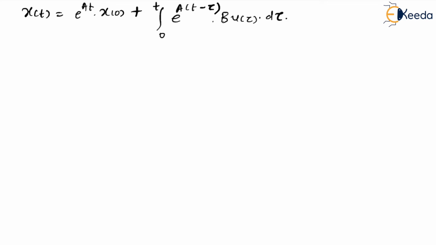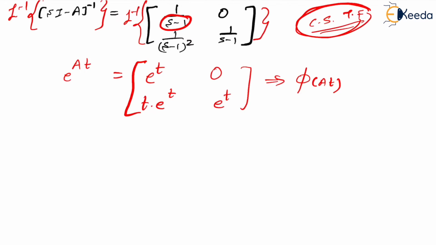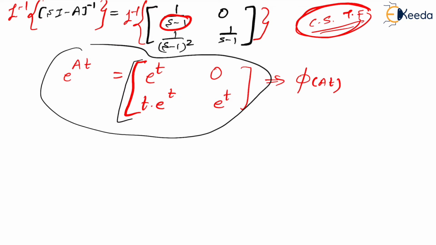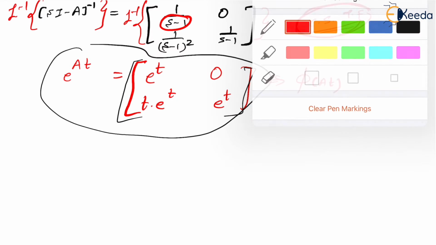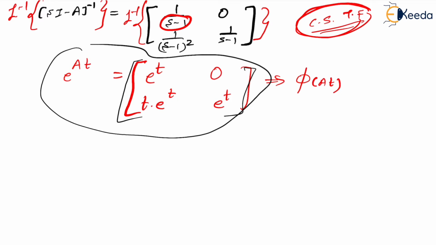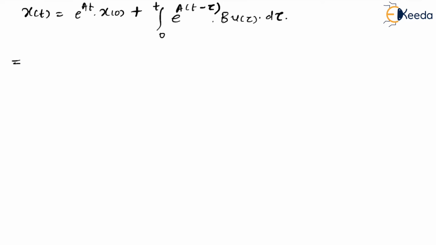Is that correct? Yes. Now let us simply replace them. What do we get here? e to the power At. What is e to the power At? It is nothing but this. So let me replace this with the matrix there. Let me use another pen for that matter. So e to the power t, 0, t into e to the power t, e to the power t.